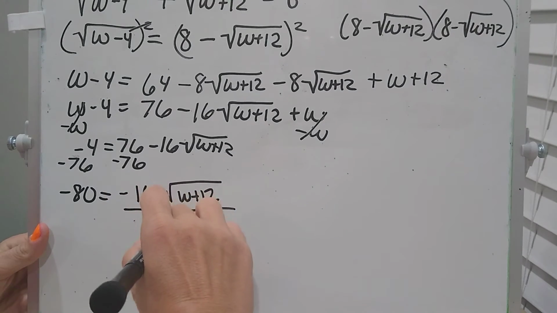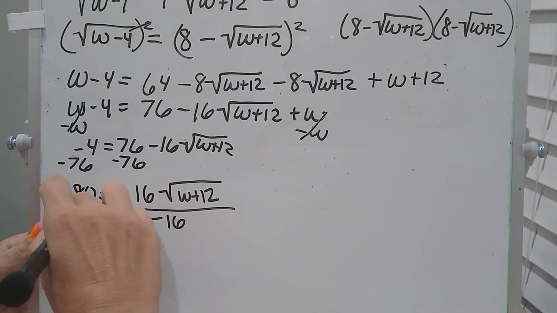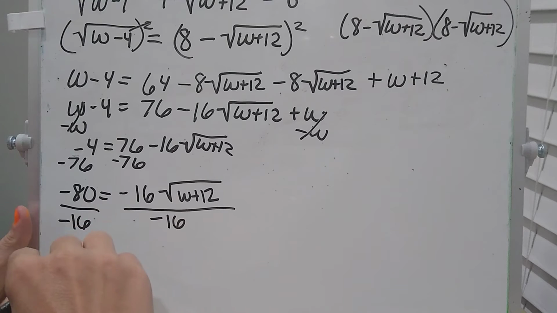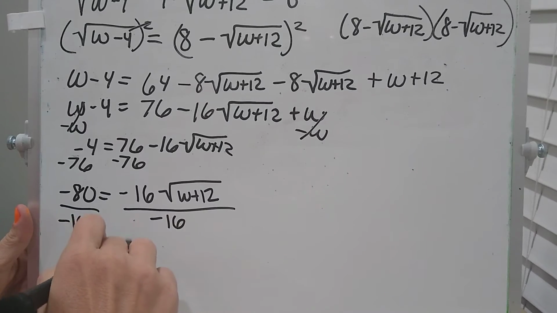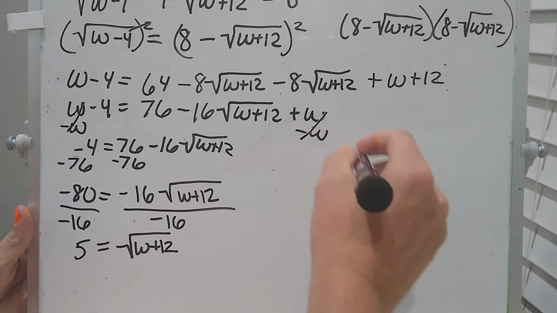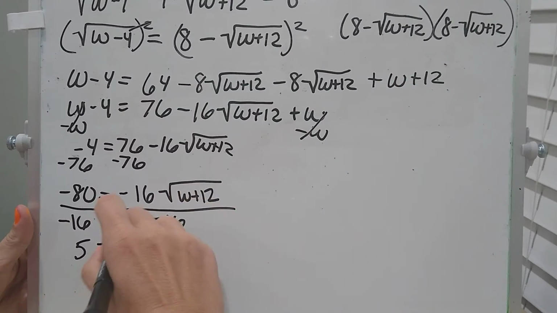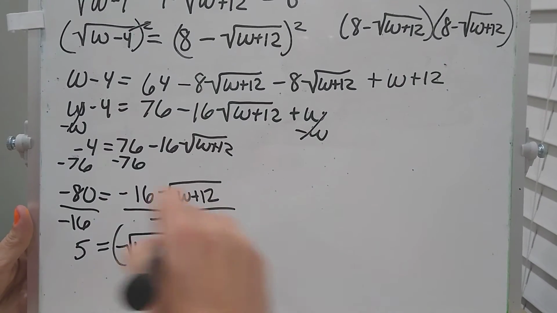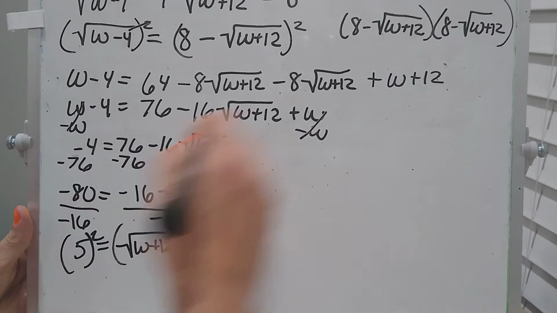Divide both sides by negative 16. And I am left with, let's see, is that 5? Yes. 5 equals the square root of w plus 12. I'm going to come over here where I have more space. So again, to get rid of that radical, I'm going to square both sides.